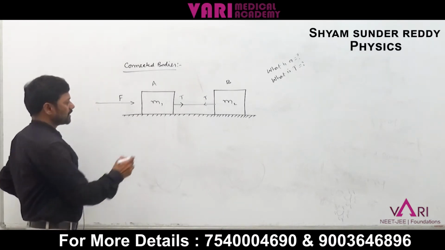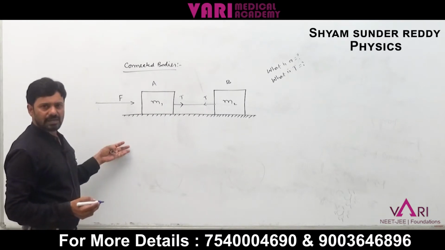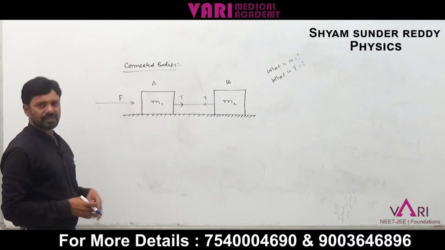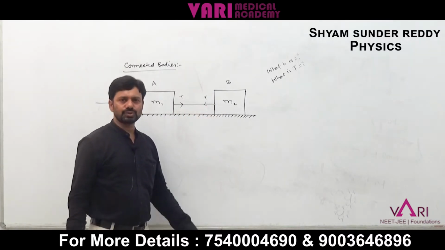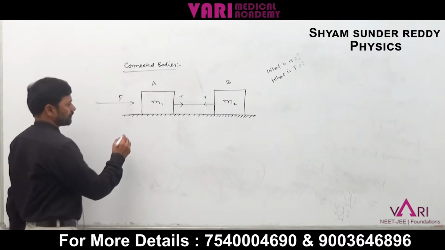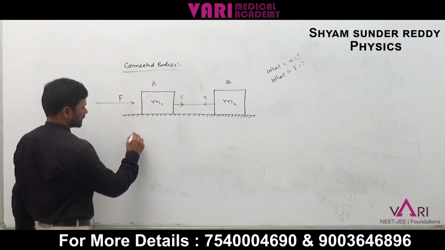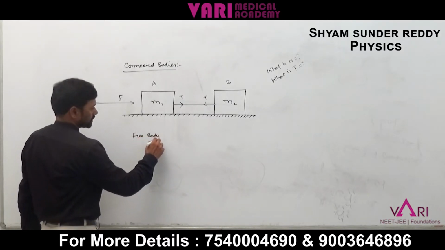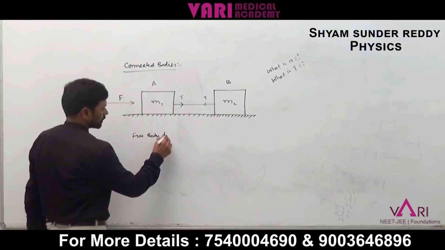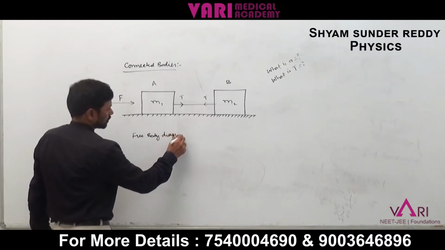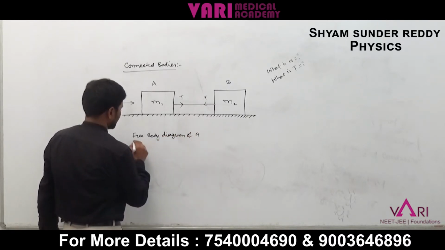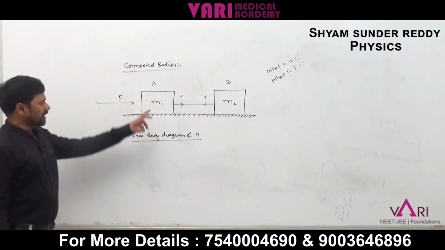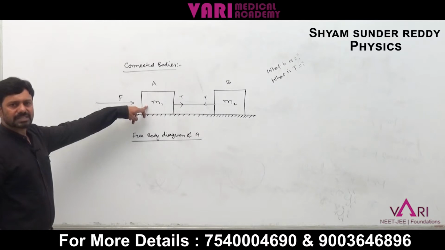Look at this. First, we need to draw the FBD, the free body diagram, of m1 and of m2. First, the free body diagram of block A. We take m1 as a point mass.